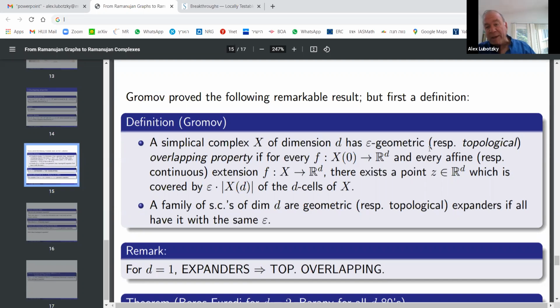And this is for the geometric definition. For the topological definition, you say for every continuous extension. Now you have plenty of such extensions, uncountably many possibilities.